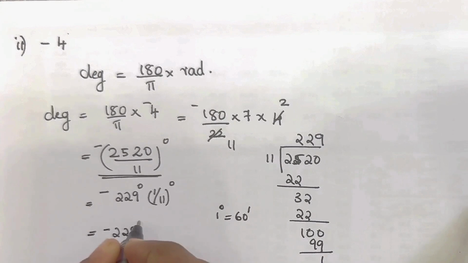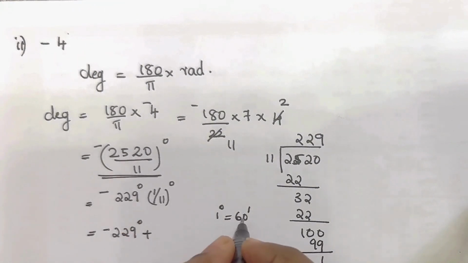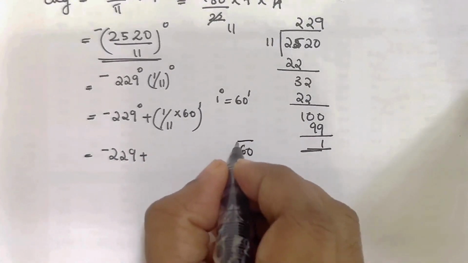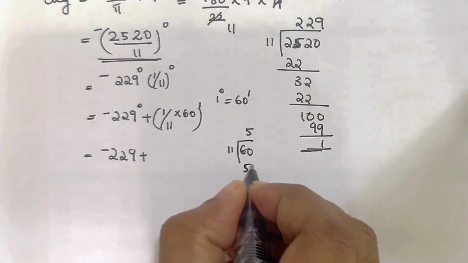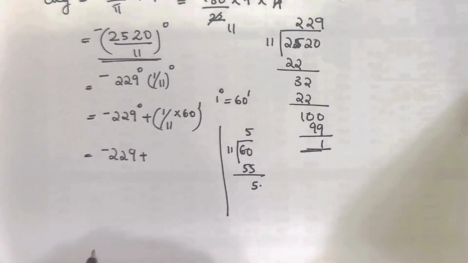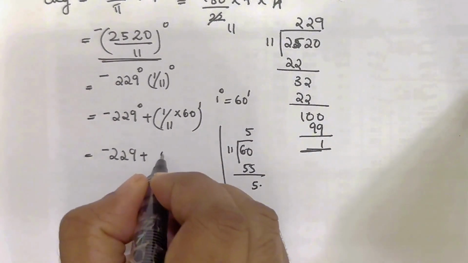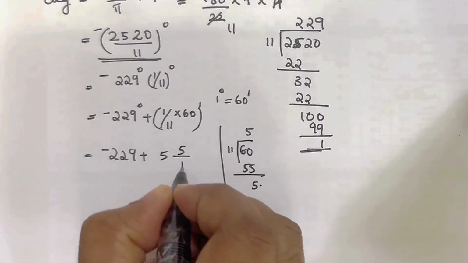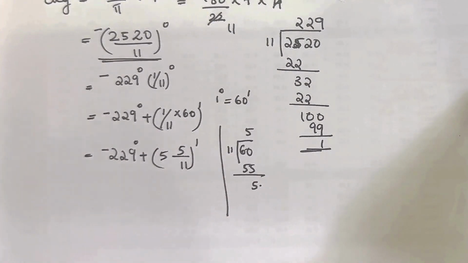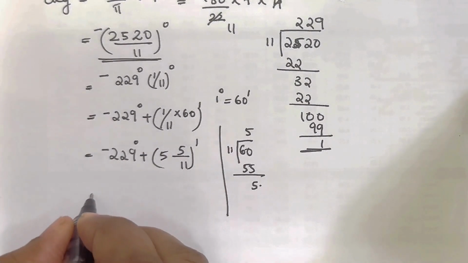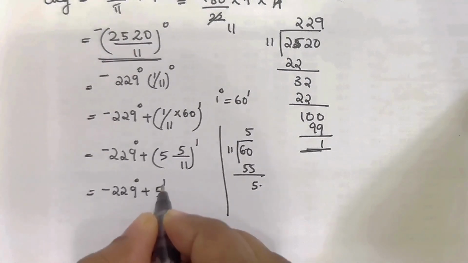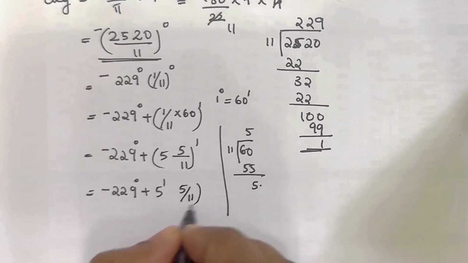So negative of 229 degree plus 1 by 11 into 60 minutes. Now divide 60 by 11: 5 times, remainder is 5. So 5 minute and 5 by 11 minute.